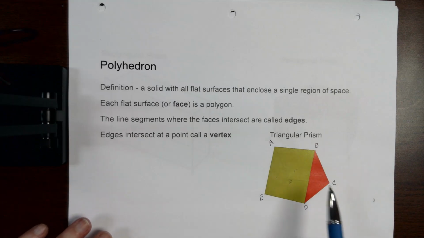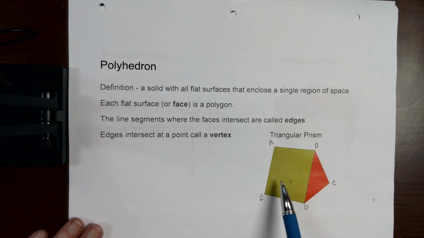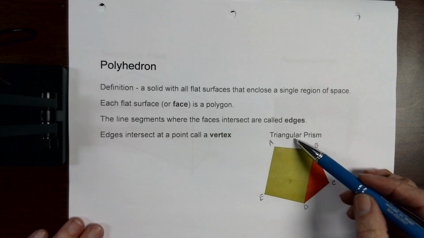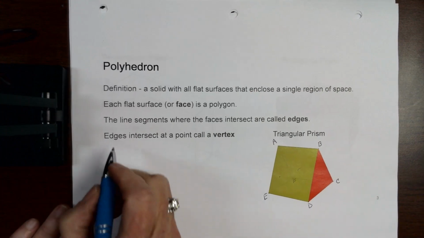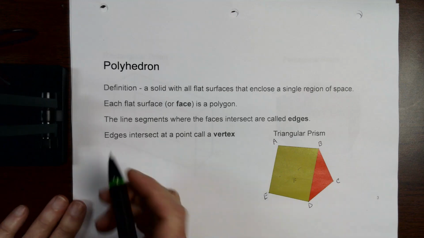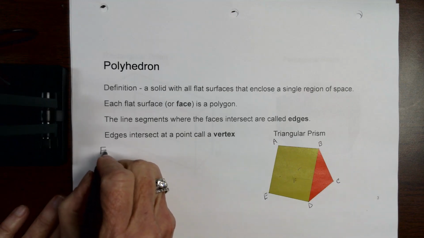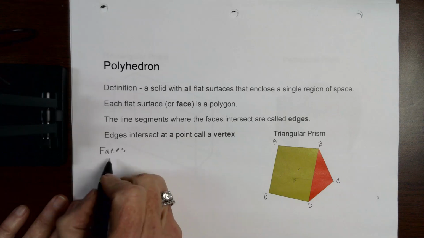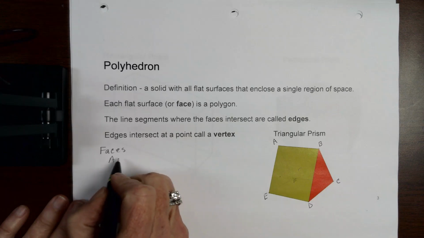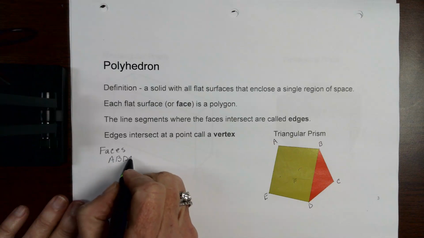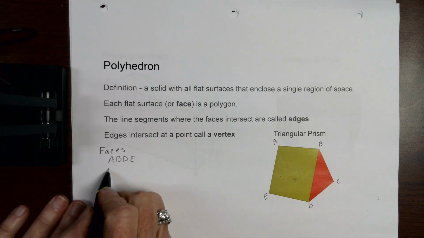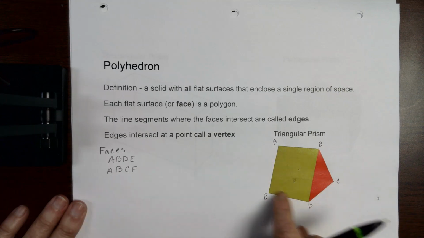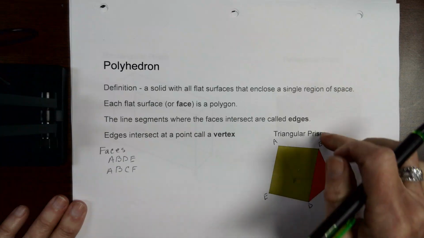So this right here is what we call a triangular prism. The base here is a triangle, so that's where the triangular comes from. If I was to ask you to name the faces of this triangular prism, you would have rectangle A, B, D, E. You would have rectangle A, B, C, F. So this is here and here, the front and the back.